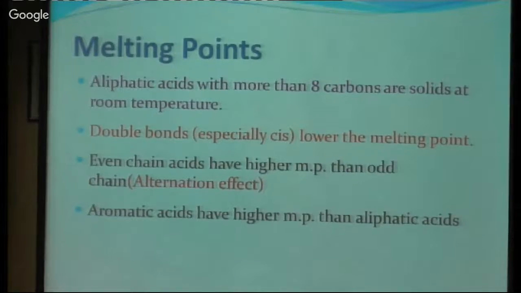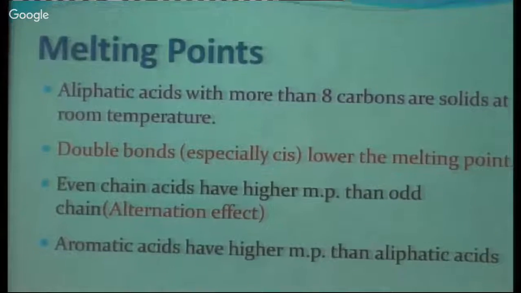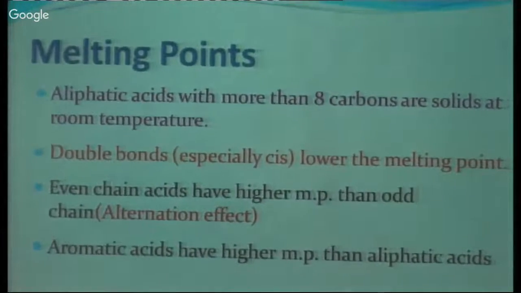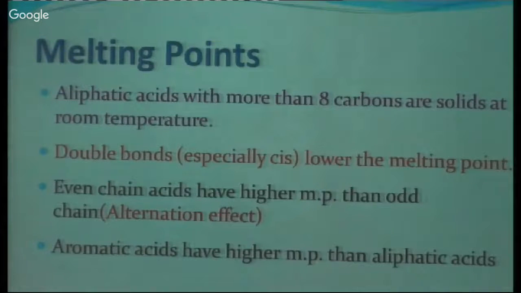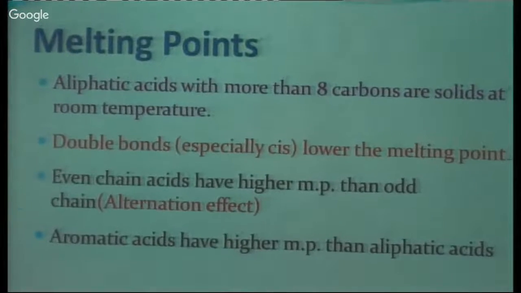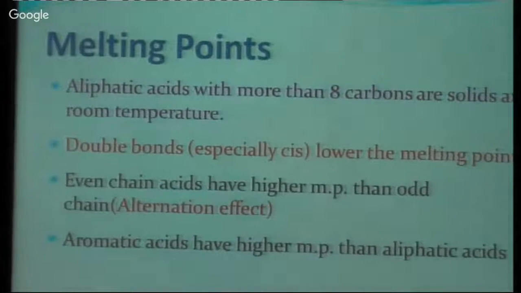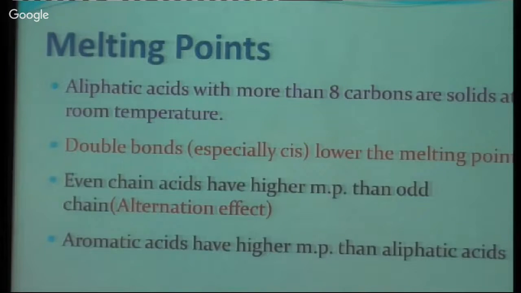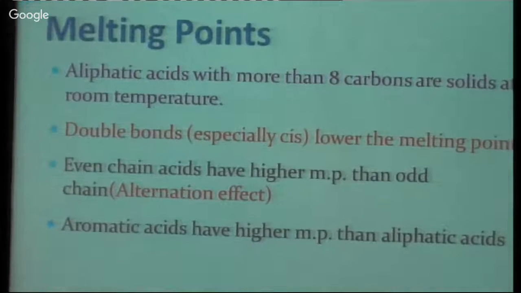The first thing is the oscillation effect or the sawtooth effect or the alternation effect that we call. What is that? That is that carboxylic acid having even number of carbons will have melting point higher than the carbon chain having one carbon less or one carbon more.